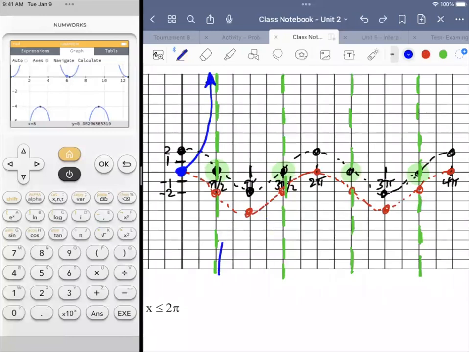Poor quality picture. This part here, instead of going down, I want it to go up, approaching the vertical asymptote. This part here, instead of going up, I want it to go down, approaching the vertical asymptotes. And this little sliver here, it's still opening down. I want it to open up.